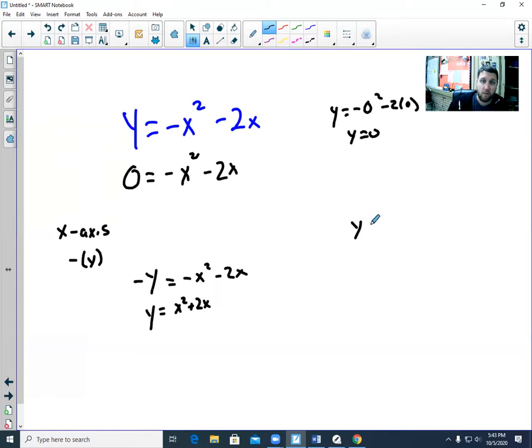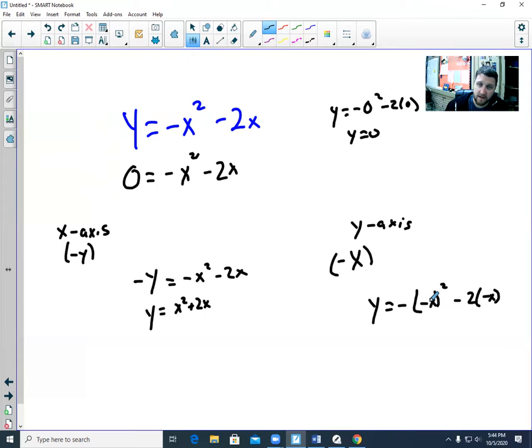So then if I want to look at y-axis symmetry, I'm just going to do the same kind of thing, but I'm going to plug in negative x. I should have put negative y in parentheses over here. For y-axis symmetry, I'm going to plug in negative x into my equation. So y equals negative negative x squared minus 2 times negative x.